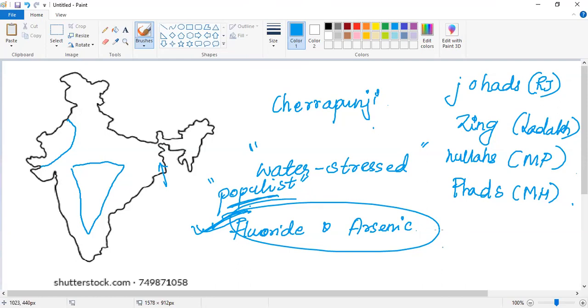Suppose let's say that a river is flowing. Okay, so some river is flowing and it's a very seasonal river. In the case of summers, it will dry up. In the case of monsoons, it will start to flood.